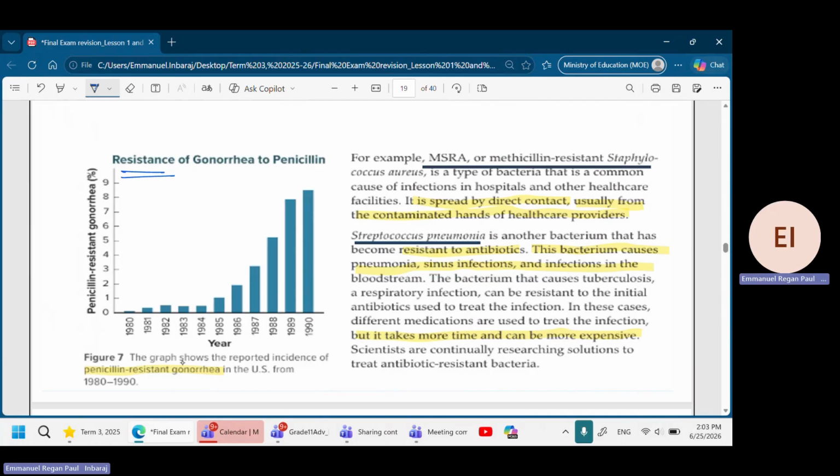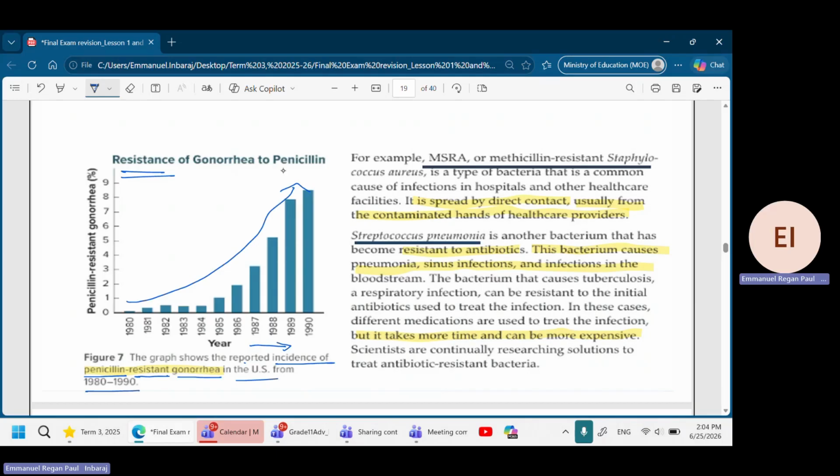See, the graph shows the reported incidence of penicillin resistant gonorrhea in the US from 1980 to 1990. You see here? So what happened? As the years go on, the bacteria that did not get killed by penicillin started to increase. Why is it?